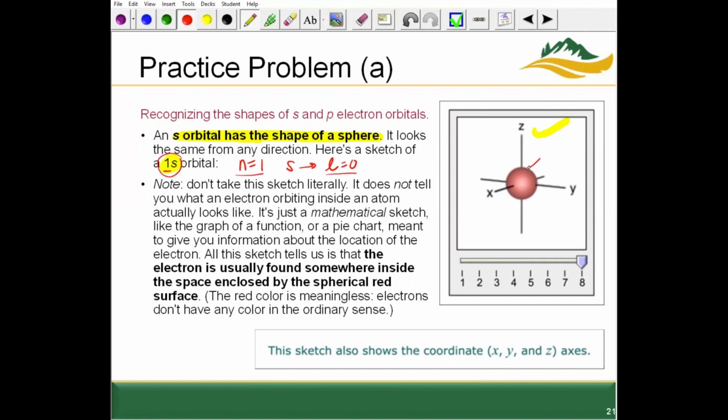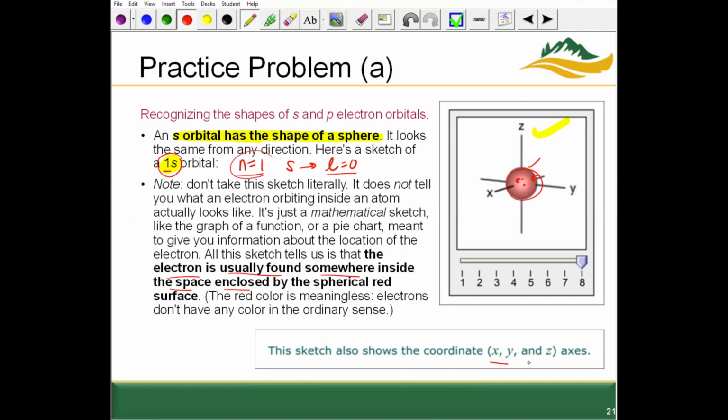So this is our mathematical sketch of where an electron is usually found in this 1s orbital. It's somewhere inside the space enclosed by the spherical red surface. The electron could be right on the surface, could be even closer to the nucleus, could be anywhere inside this 1s orbital.